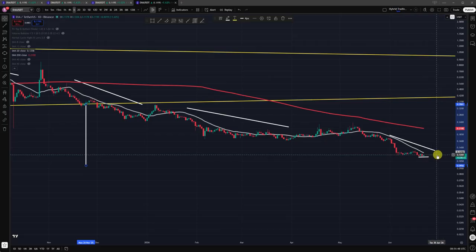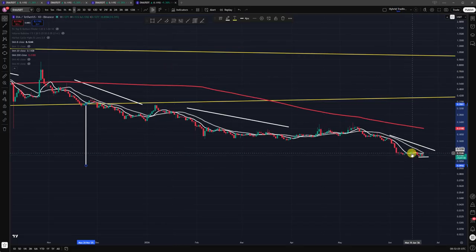I do not know how long this trend line will hold. Like I said before, I am expecting more downside. One of the reasons I'm expecting more downside is that the price is still respecting the 8 moving average. It did get above it, however right now it is below the 8 moving average, and the 20 is pointing down.